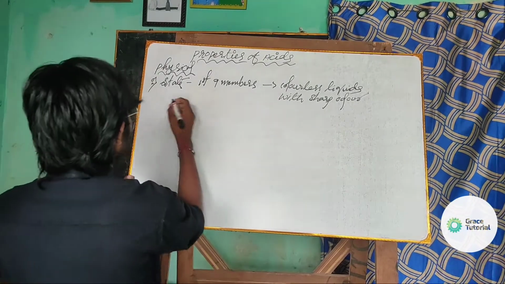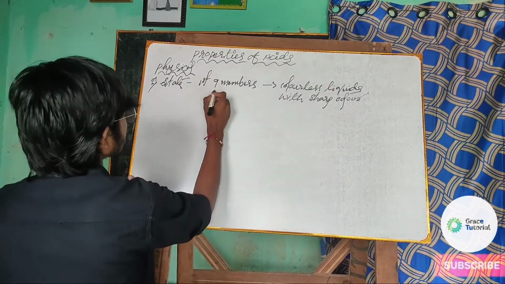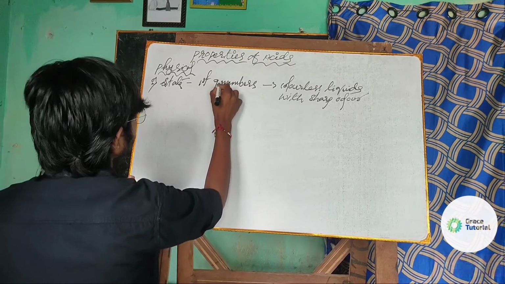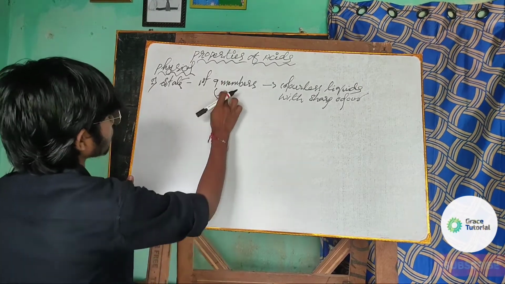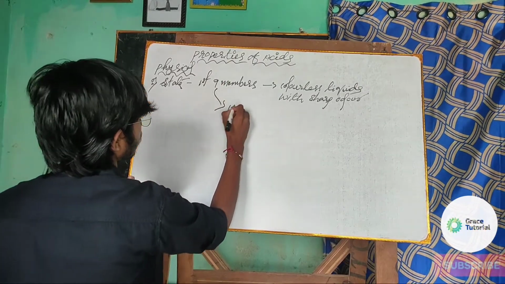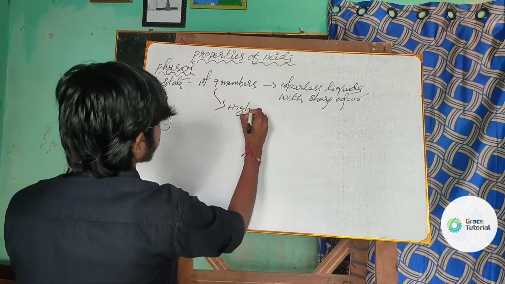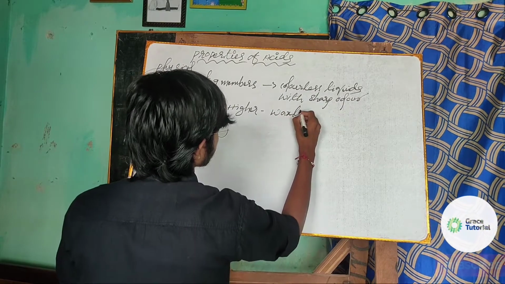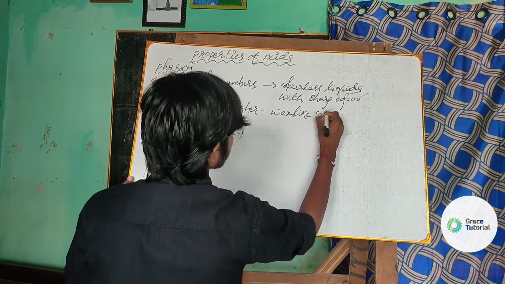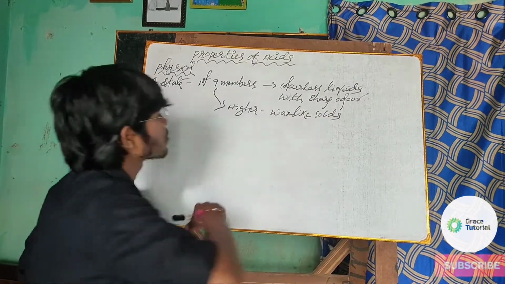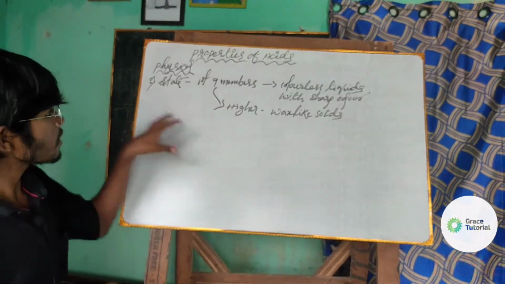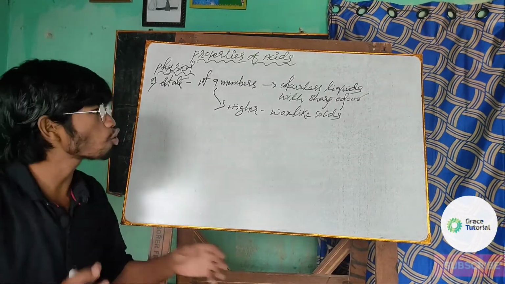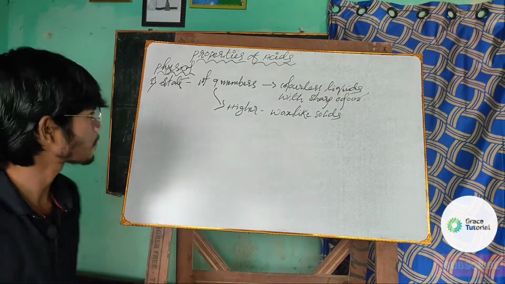That means a sharp smell. And the members higher than these 9 are wax-like solids. So this is about the state of monocarboxylic acids.